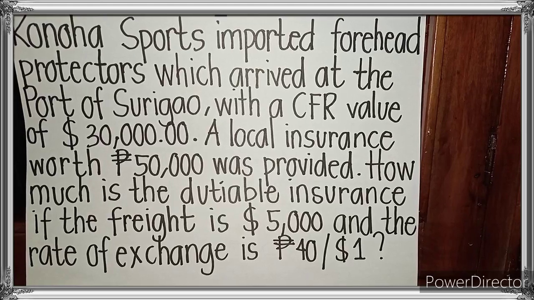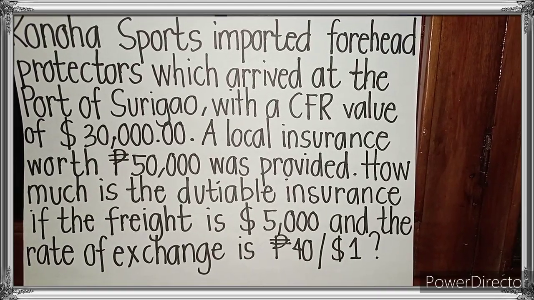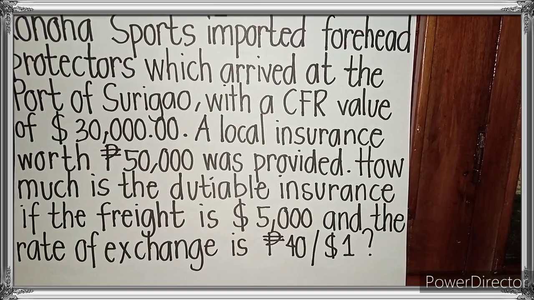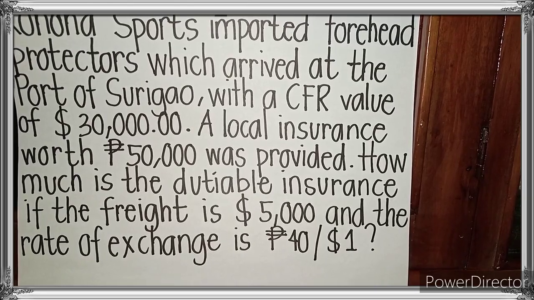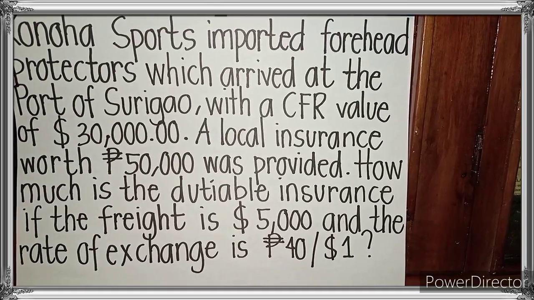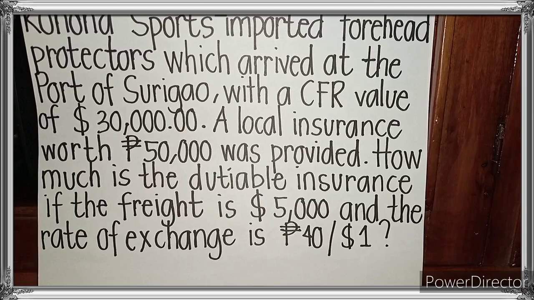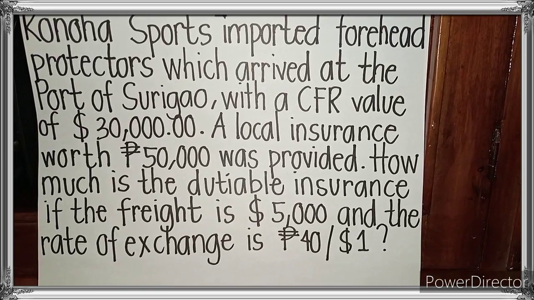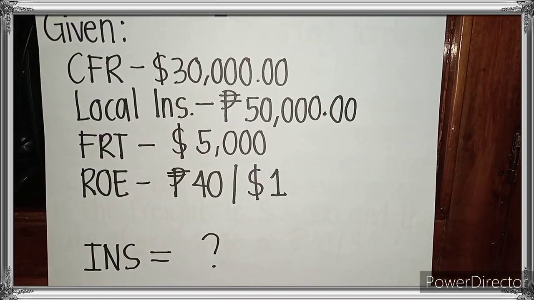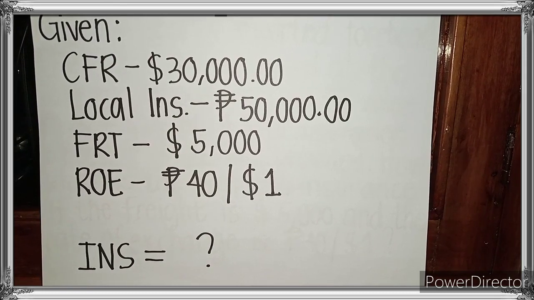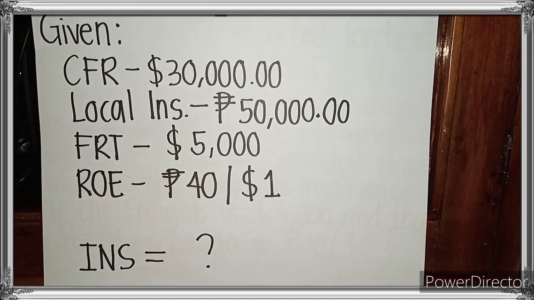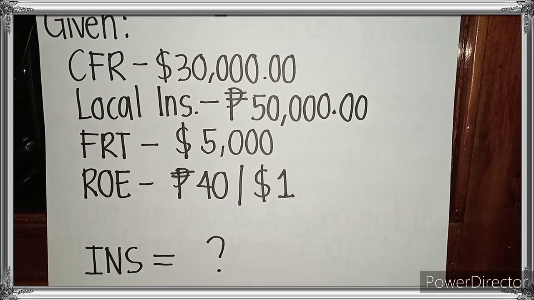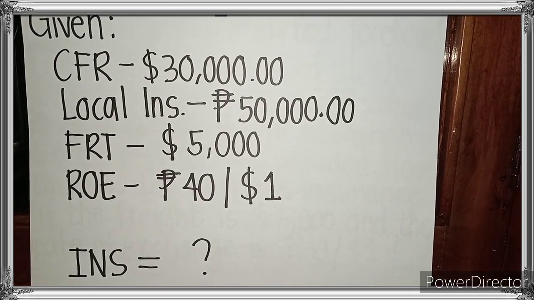How much is the dutiable insurance if the freight is $5,000 and the rate of exchange is 40 pesos per $1? So before coming up with the solution, we will first jot down the given numbers or the given variables that we need to solve the problem.